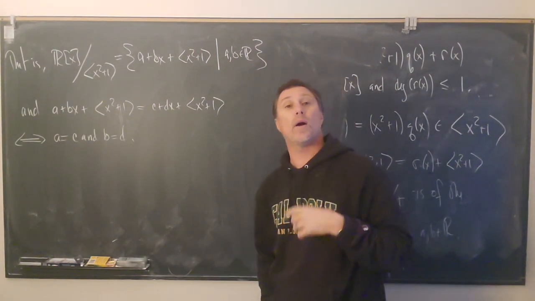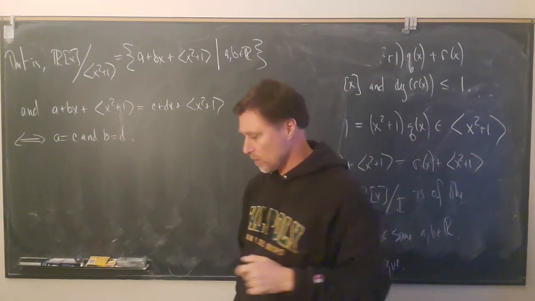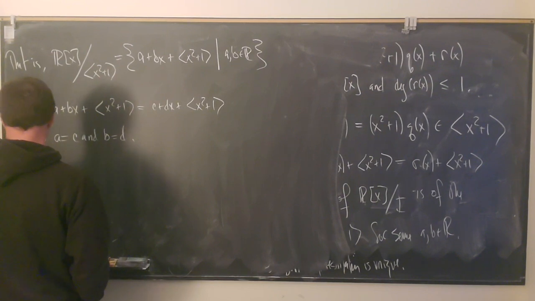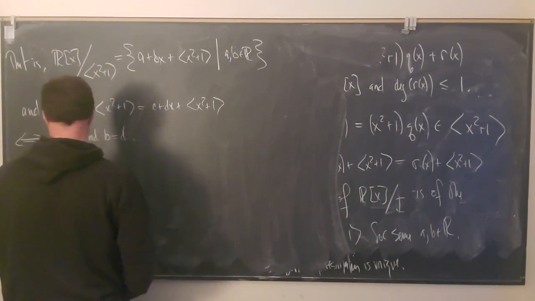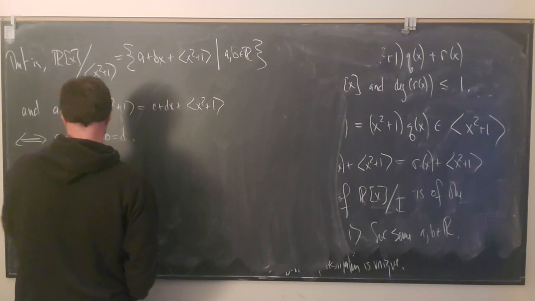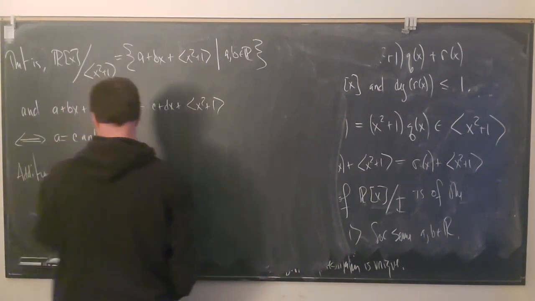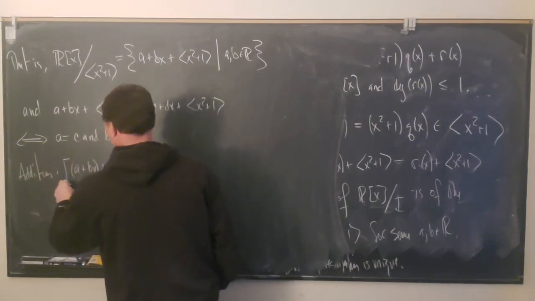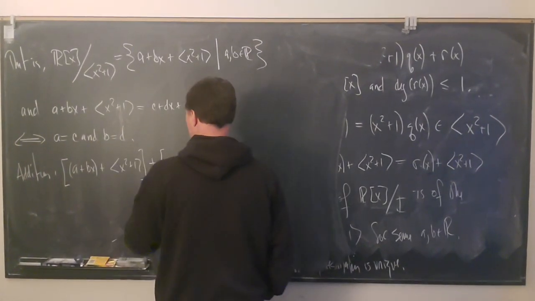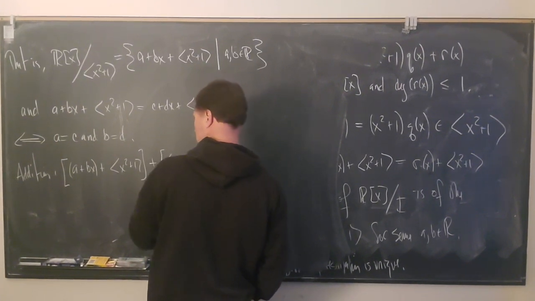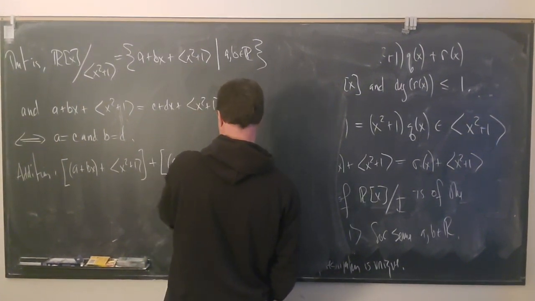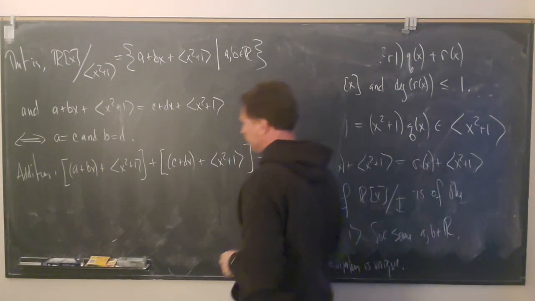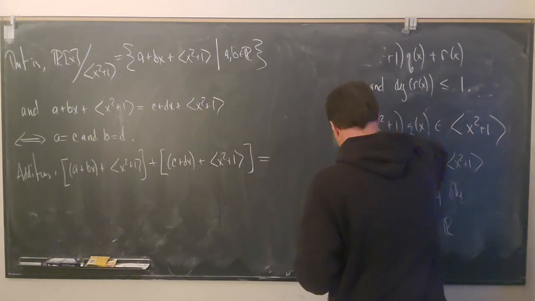Let's now see how addition and multiplication behave. All right, so addition goes like this. If I do a plus bx plus the ideal, plus, let's put some brackets around here, c plus dx plus the ideal, that's equal to, well, you just add the cosets.